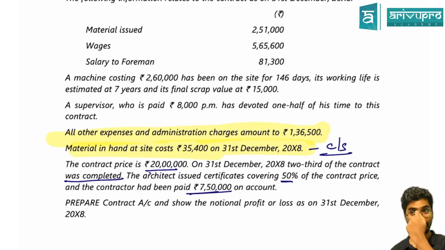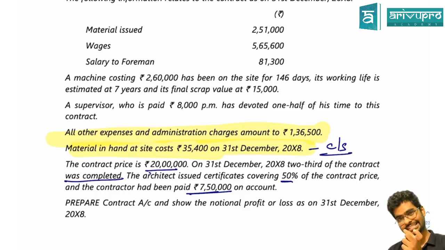Now this is where I have a problem. How much contract is completed? Guys, how much contract is 2/3? But how much did he certify? Half.